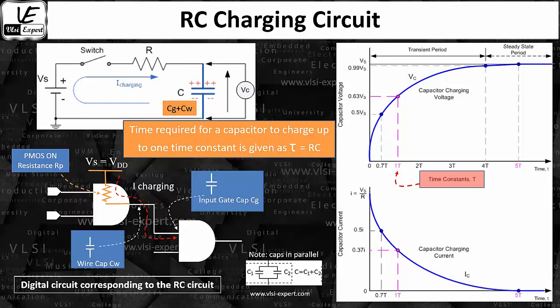If you make this statement, it is wrong. The correct statement is that the time taken by the capacitor to charge to 63% of the full voltage or the maximum voltage is considered as tau, that is R and C.